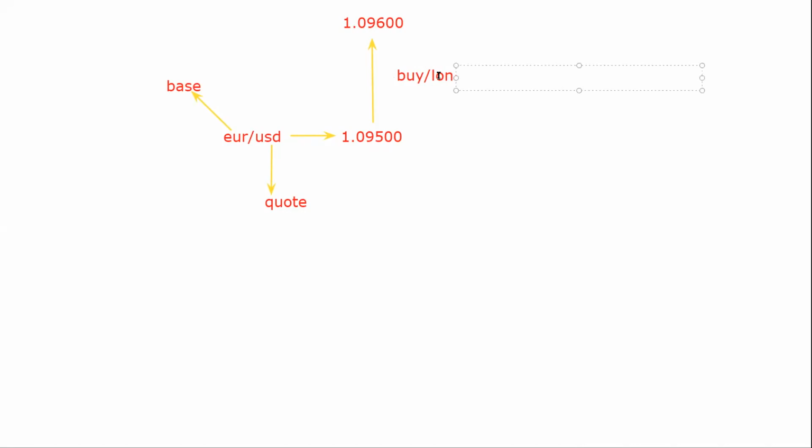So if we anticipate that the exchange rate is going to go up, we buy the base currency and we sell the quote currency.